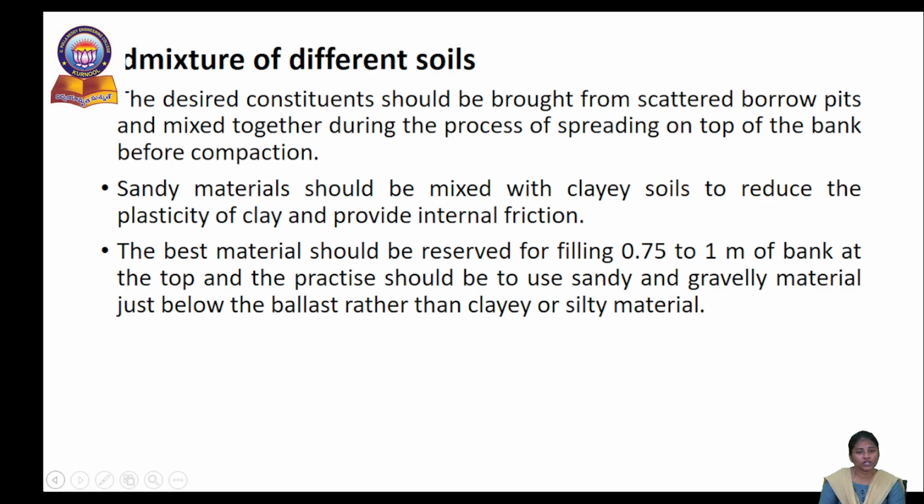Sandy material should be mixed with clayey soils in order to reduce the plasticity of clay soils and provide internal friction. The best material should be reserved for filling 0.75 to 1 meter of the bank at the top, and the practice should be to use sandy and gravelly material just below the ballast rather than clayey or silty soils.